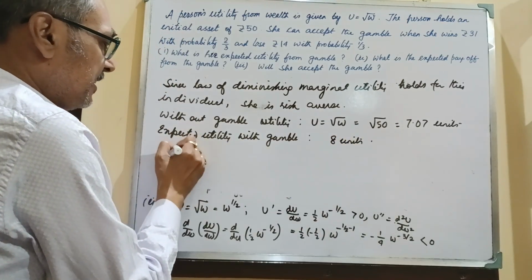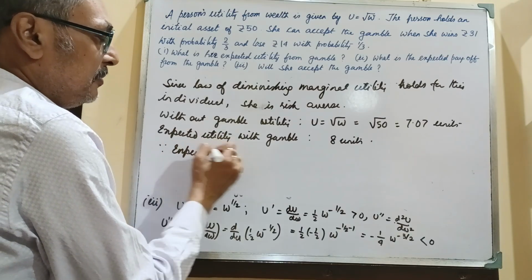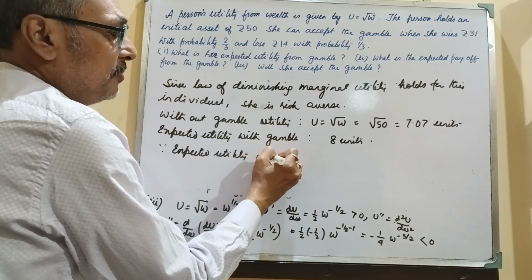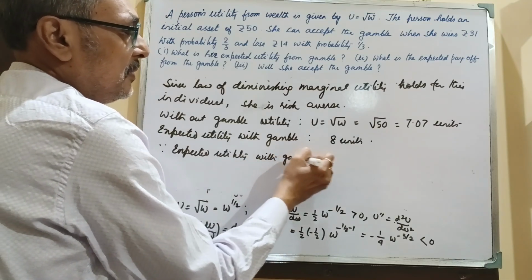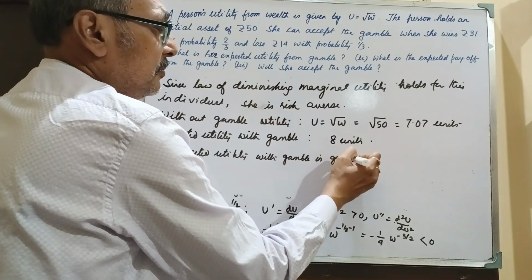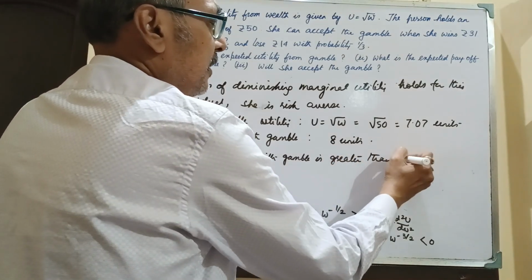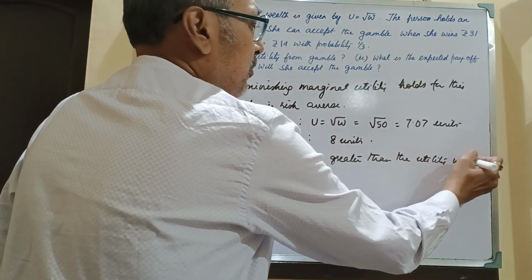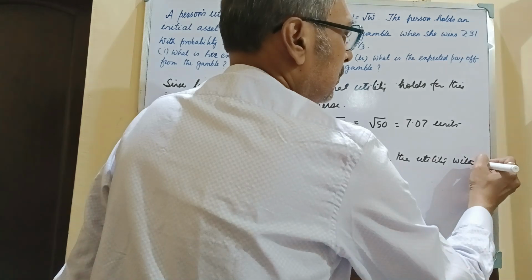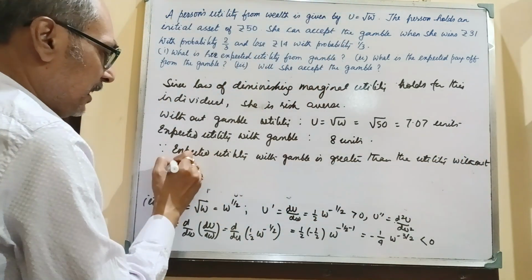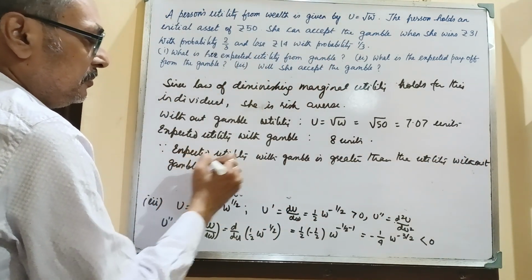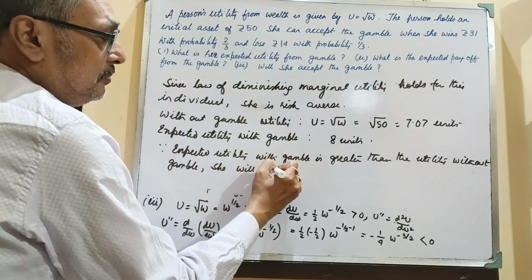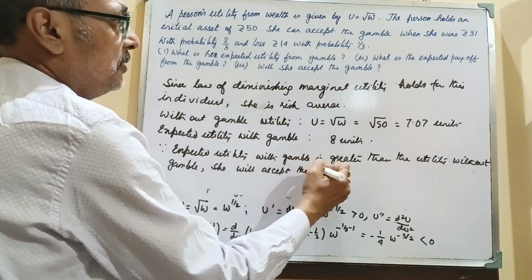Now, since the expected utility with the gamble is greater than the utility without the gamble, she will accept the gamble.